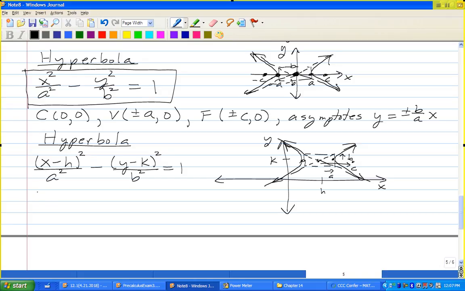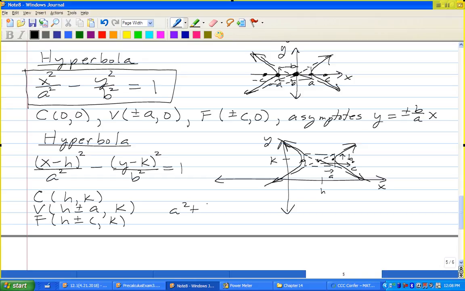Then we have the center at (h, k). The vertices, there are also the other imaginary vertices, but I'll give you the real vertices. The real vertices are at (h plus or minus a, k). The foci are at (h plus or minus c, k).